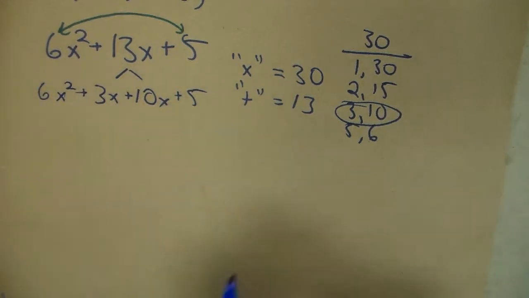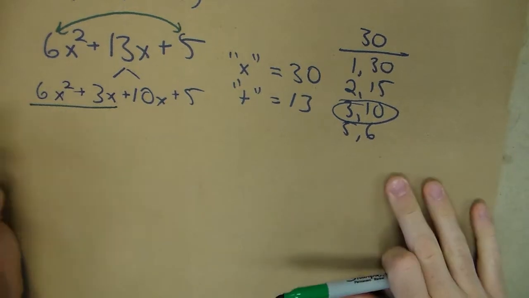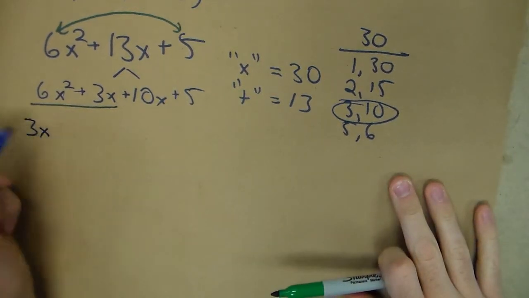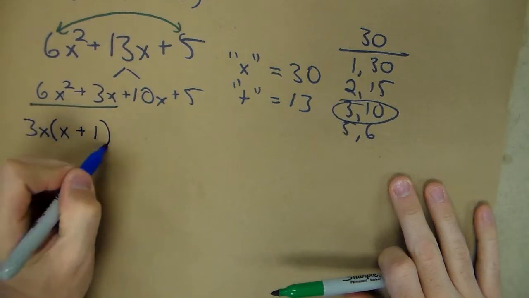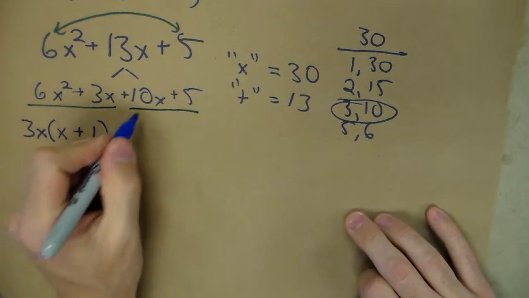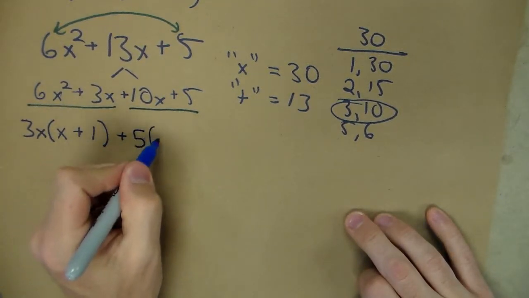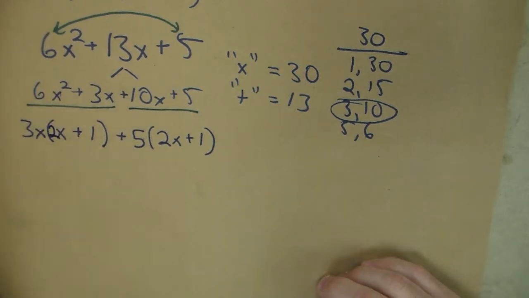I'm going to look at these two terms first. 6x squared plus 3x have a common factor of 3x. If I factor that out, I'm left with 2x plus 1. 10x plus 5, I can factor out a 5, and I'm left with 2x plus 1. Got my 2 there.